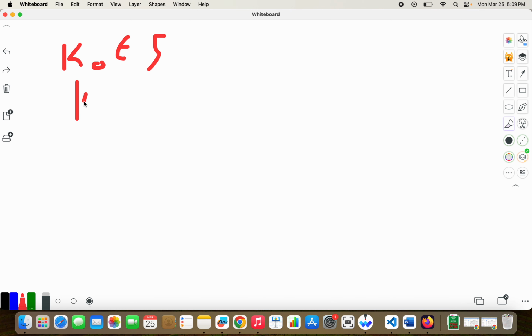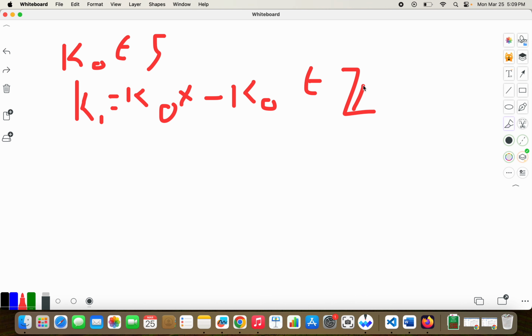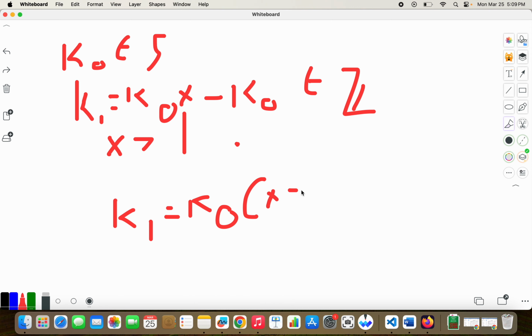Define k1 equals k0 x minus k0, which is in the integers. Since x is greater than 1, k1 equals k0 times x minus 1 is greater than 1. So k1 is in the natural numbers.